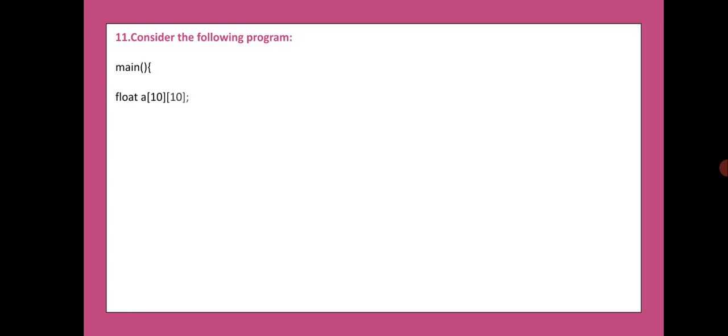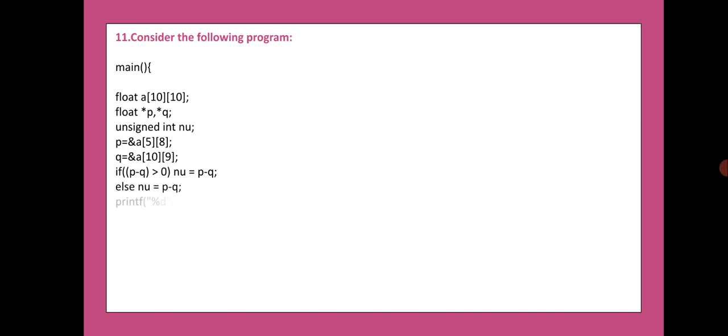Write down this program: float a with dimensions 10, 10, and we have float type pointer p, pointer q, unsigned int nu. p is associated with the address of a[5][8] and q is associated with ampersand a[10][9].